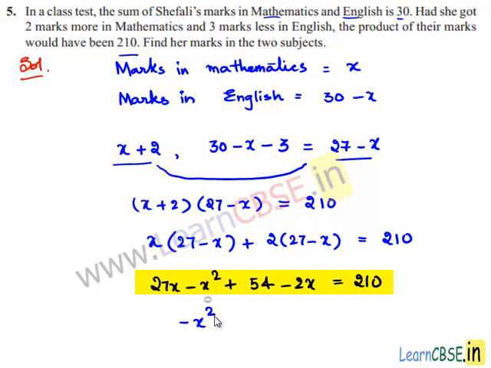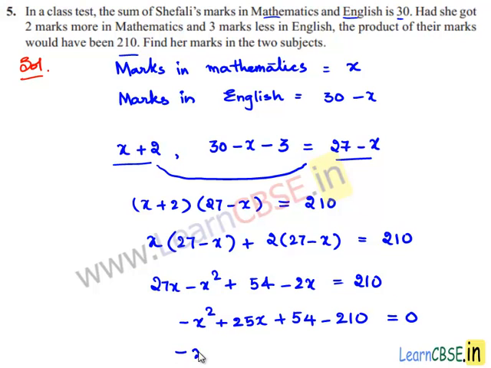Minus x square, 27x minus 2x is plus 25x plus 54. Transposing 210 to LHS, we get minus 210 is equal to 0.